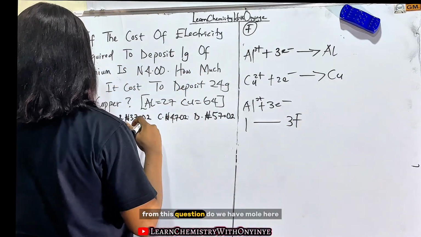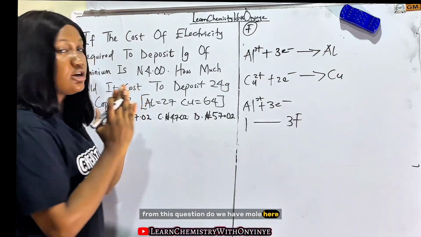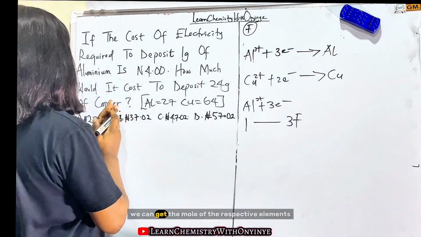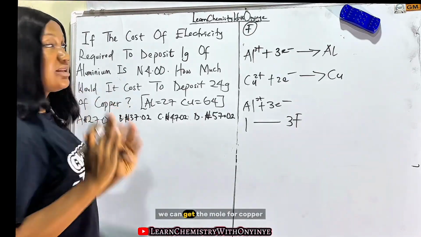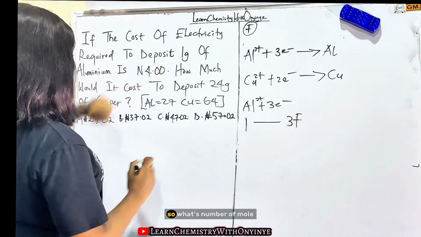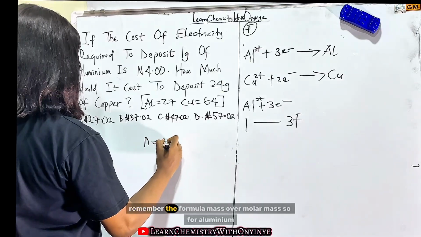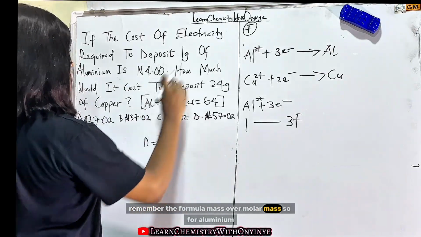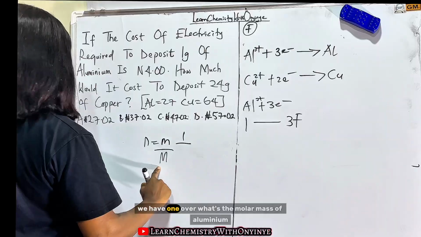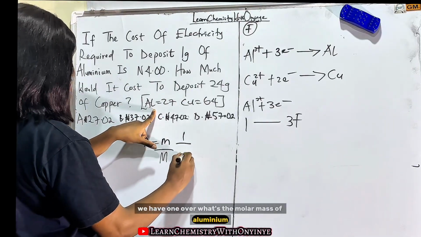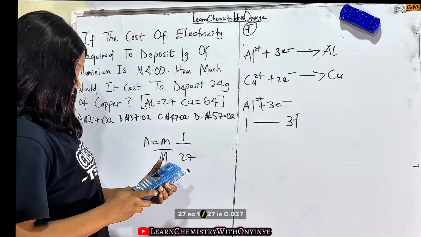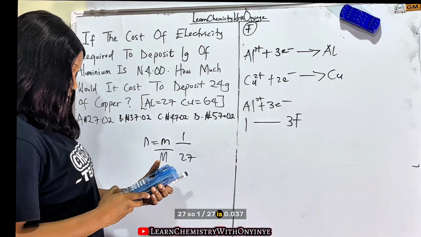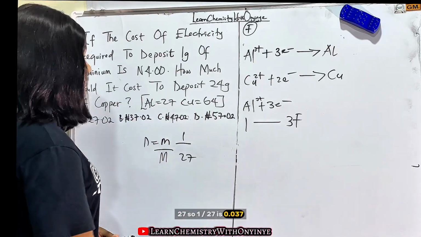From this question, do we have mole here? No. However, we can get the mole of the respective elements. We can get the mole for aluminium. We can get the mole for copper. So what's the number of mole? Remember the formula, mass over molar mass. So for aluminium, we have 1 over, what's the molar mass of aluminium? 27. So 1 divided by 27 is 0.037.